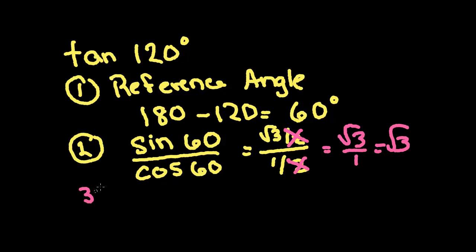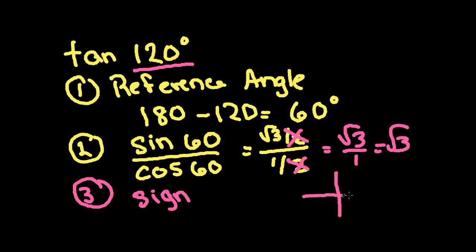So now I need to find out if it's a positive or a negative. So again, I have to look at where 120 falls on my chart. So I'm going to start here. I say this is 90. This is 180. Oops, I've gone too far. I want 120. It's right in here.